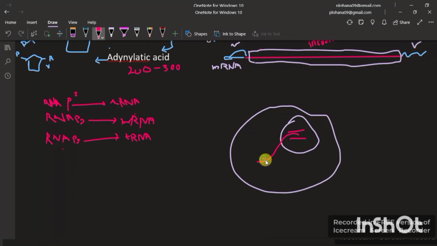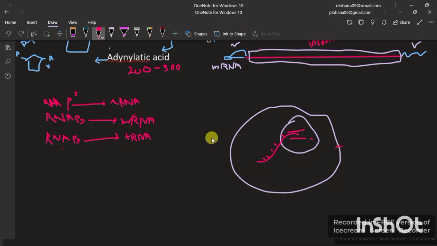Alright, this is mRNA. This mRNA was made in the nucleus of the cell, and this is the cell. So transcription happened in the nucleus of the cell, while translation will be happening in the cytoplasm.